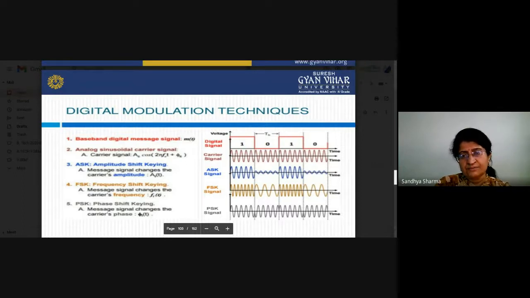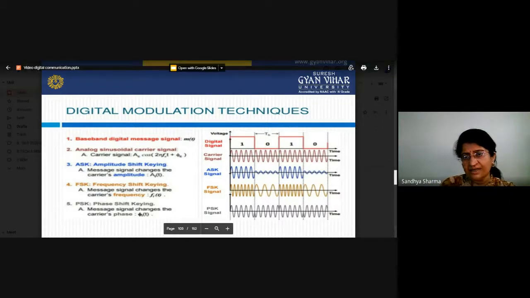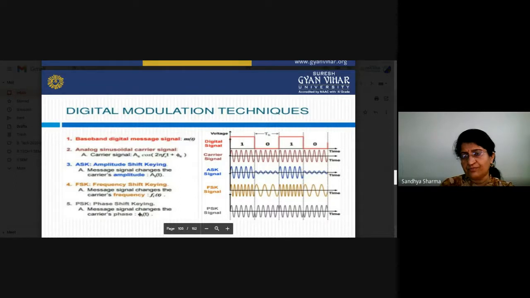You can see that when the signal closes here, the phase starts again from here. So this is a 180-degree phase shift between these two, and whenever we switch from 1 to 0 or 0 to 1, there is a phase change.